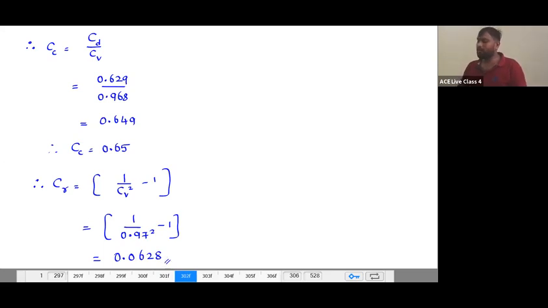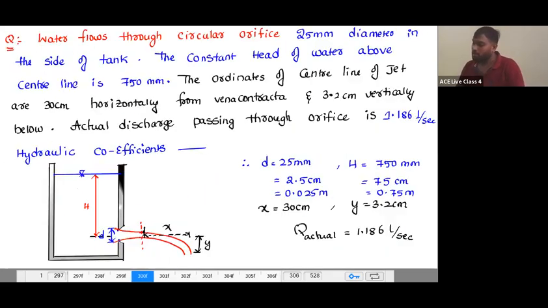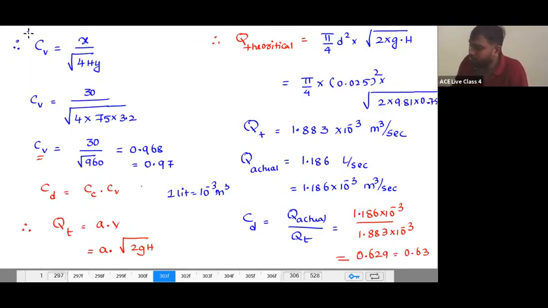So these are the hydraulic coefficients and how I am going to solve them. And this formula is very, very important. I hope you understood this. See, my time is spent more on the orifice itself. Once you apply this, the same thing will be applied for the mouthpieces, weirs and notches also. I hope you understood this.